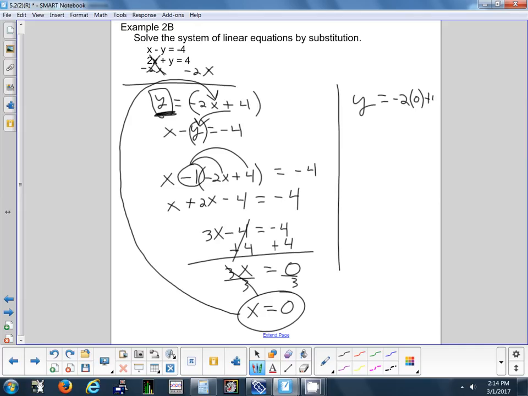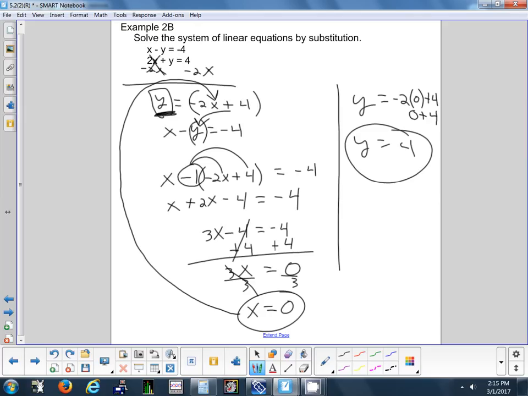Plus 4. Right, so what's -2 times 0 plus 4? I heard a few different answers. What's -2 times 0? That part is 0. So it's 4. And guys, if you plug in your calculator -2 with the parentheses 0 plus 4, it'll give you the answer too. You just plug it in.